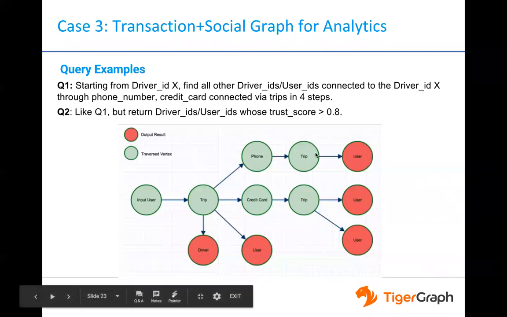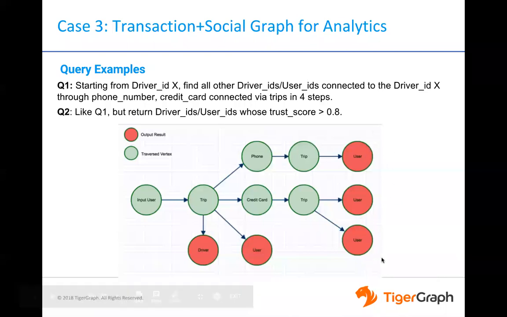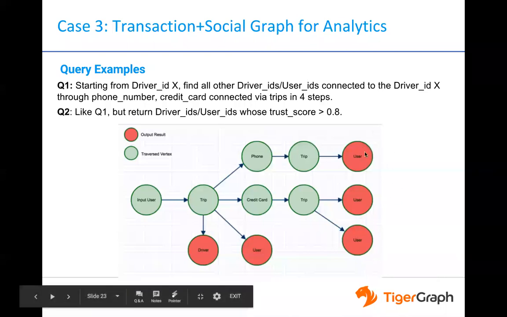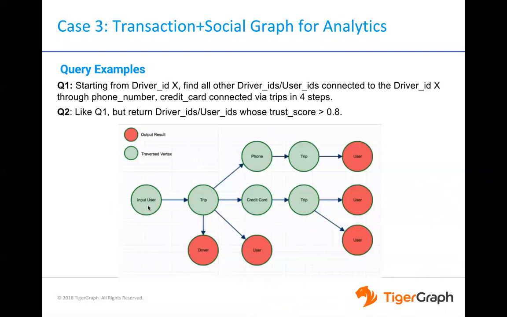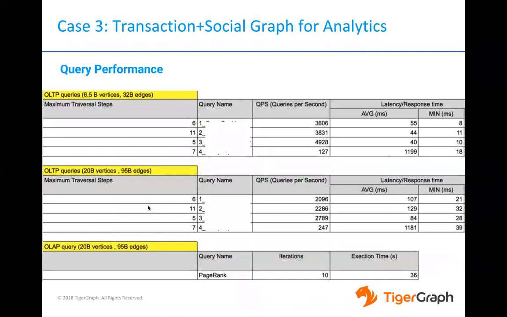And then it's not shown here, but as a second step, it would analyze to see if there are connections among these users which are 4 hops away from the input person. And just some benchmark data showing how many of such queries we were able to handle per second. So it's in the range of 2,000 to 5,000 queries per second.